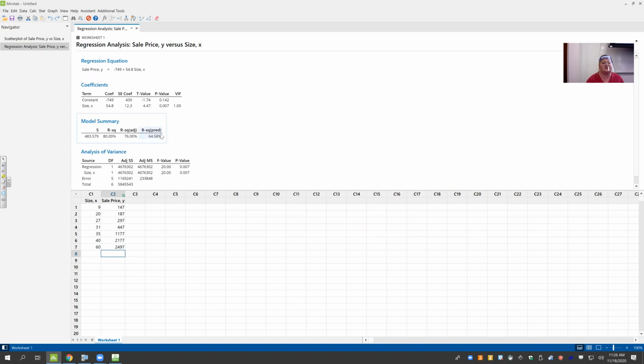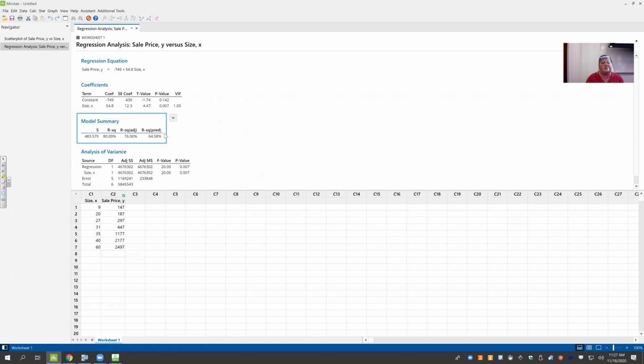Okay, here's what I need. The third header says model summary. So to get R, we're going to look under the model summary. And it gives us R squared. It says R squared is 80.00%.